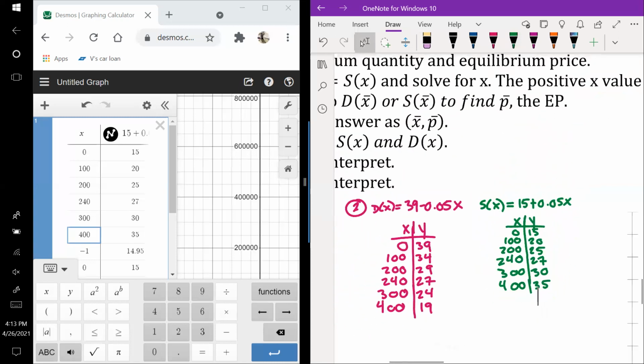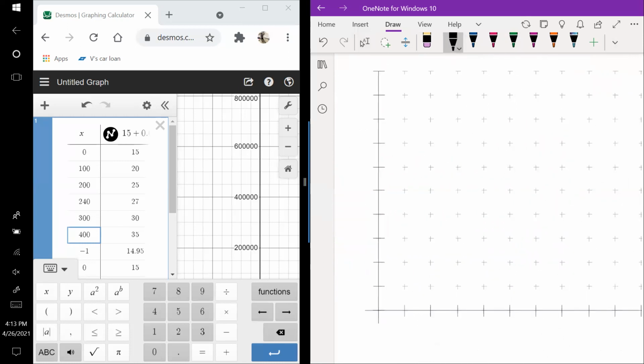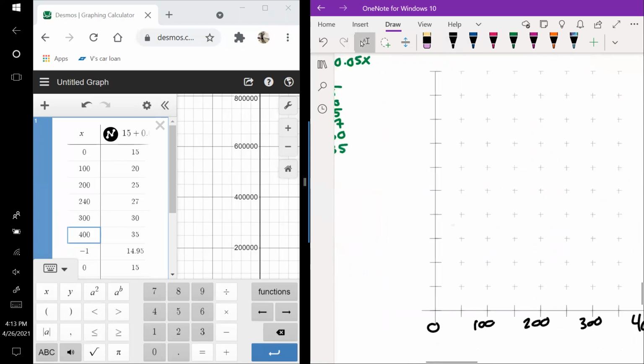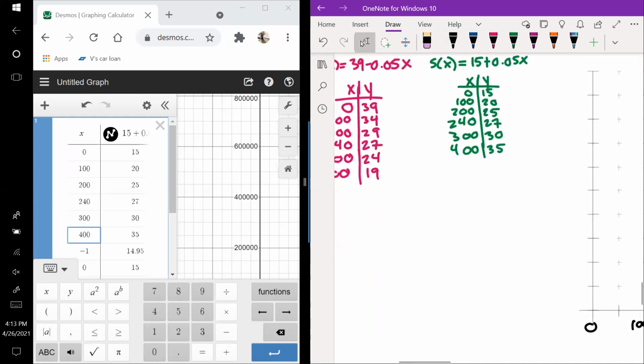That's enough information we need, so we can go ahead and sketch this graph. Let me make my x values accordingly: 0, 100, 200, 300, 400. My y values, I have 15, 20, 25, 30, 35, 39.